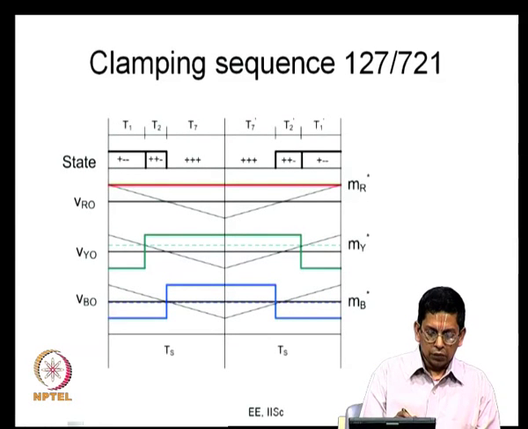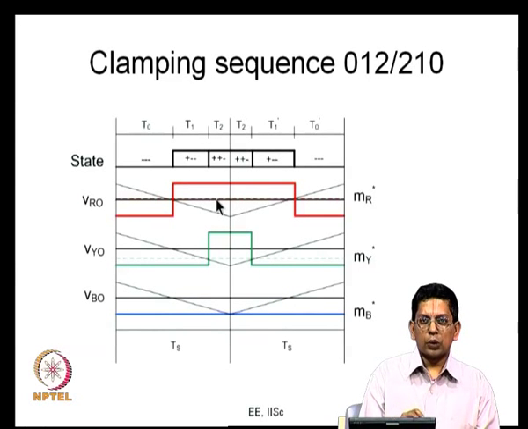So we move here. This is the same 0 1 2 and 2 1 0 here. This is a case where the common mode is negative. You can see that the same MR, MY, MB results in MR star, MY star and MB star here, such that MB star is equal to minus 1, or it is equal to the negative peak of the carrier. MB star is equal to the negative peak of carrier. All the values have decreased from MR, MY, MB, some negative common mode component has been added here to come up here.